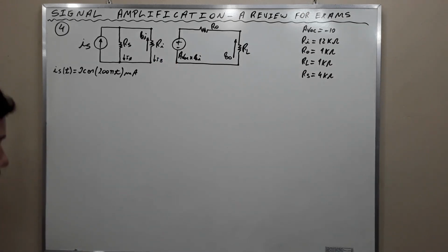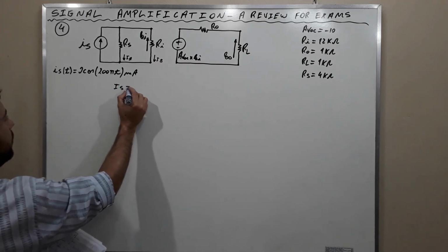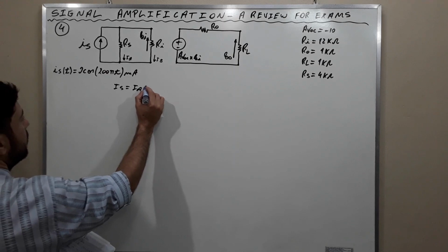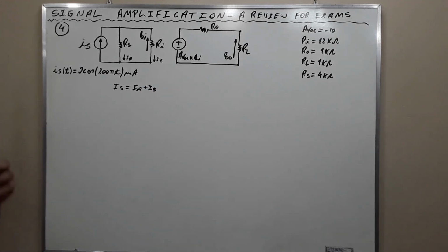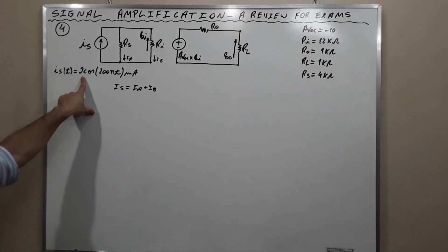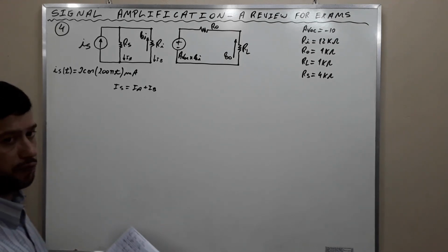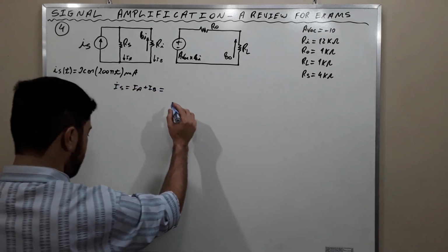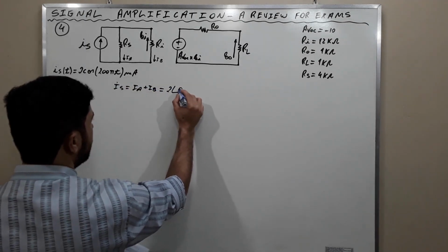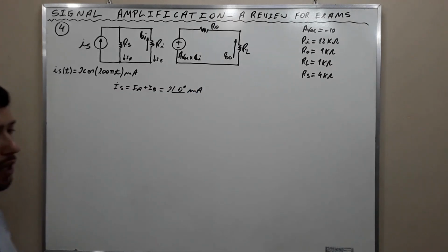Alright, applying Kirchhoff's current rule, we find that IS is equal to IA plus IB. And in accordance with the data provided by the exercise, the current phasor is going to be 2 phase 0 degrees milliamps.